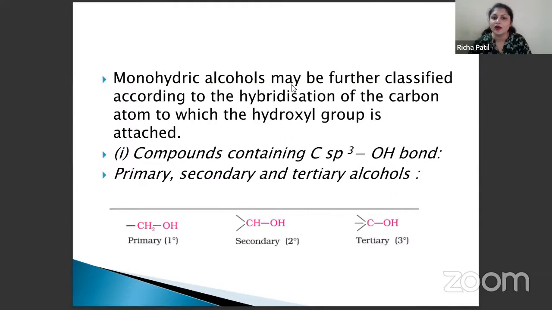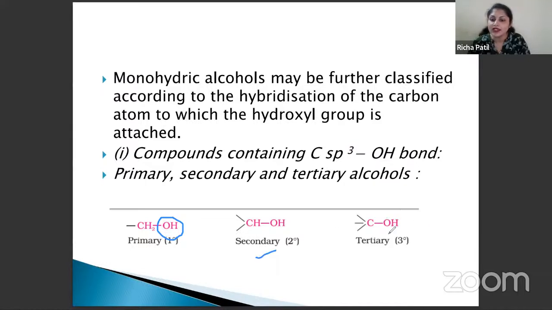Monohydric alcohols are further classified based upon the hybridization of the carbon. You can see the example. If the OH group is attached to a carbon that is linked to only one other carbon, then it is primary. Here the OH group is attached to a carbon which is further linked to two other carbons, so it is said to be secondary.